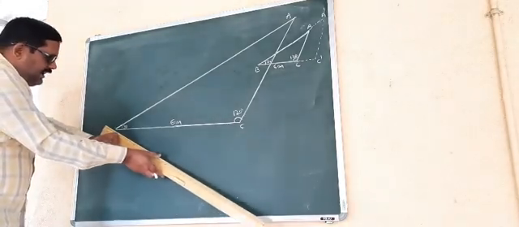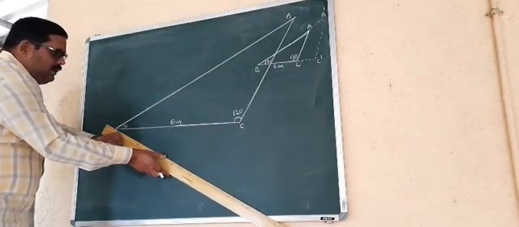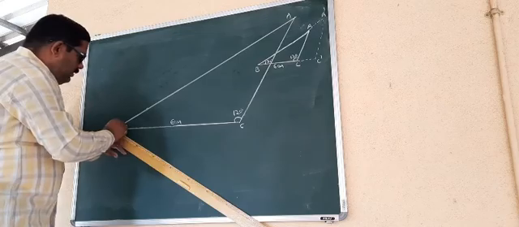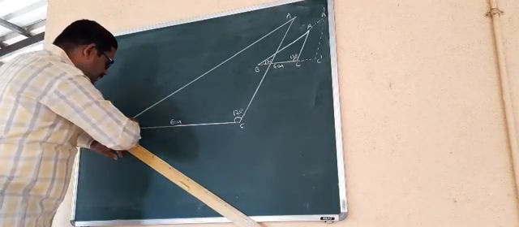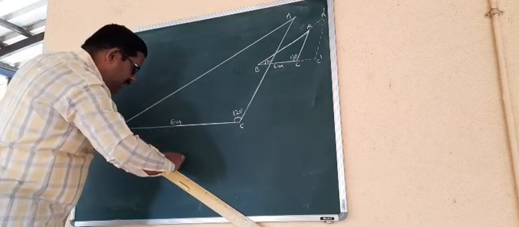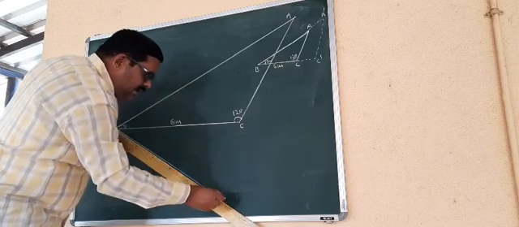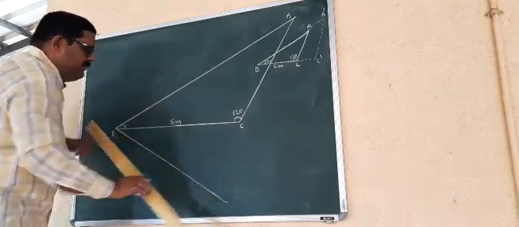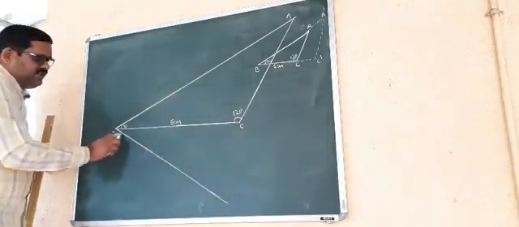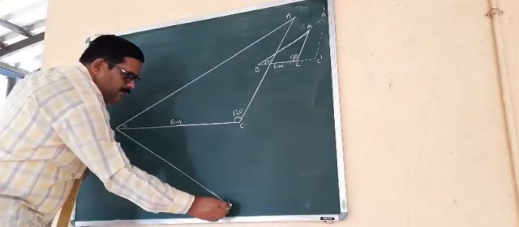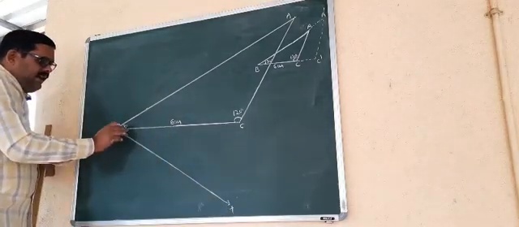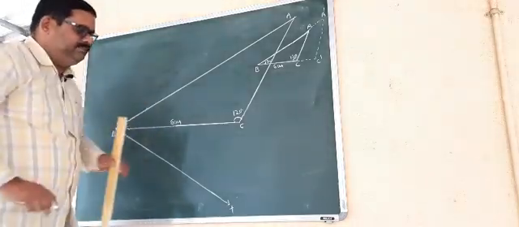Now, draw a line in the lower portion of this BC which makes acute angle with BC. So, this is a line BX which makes acute angle with BC.